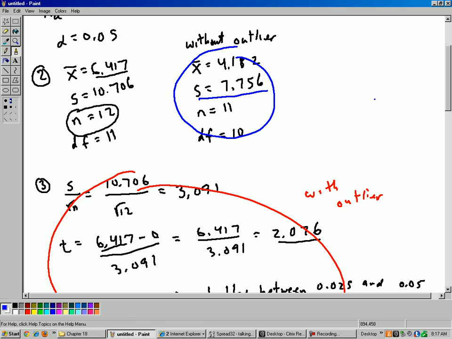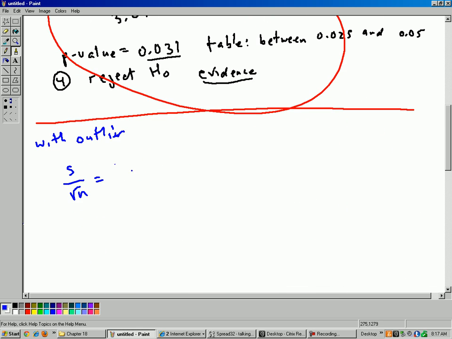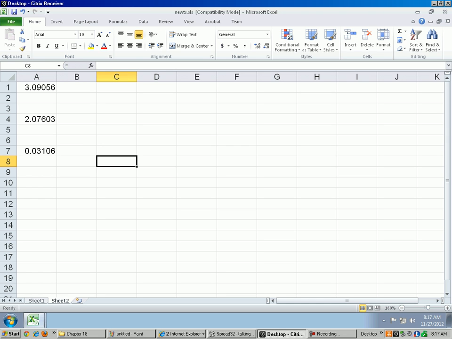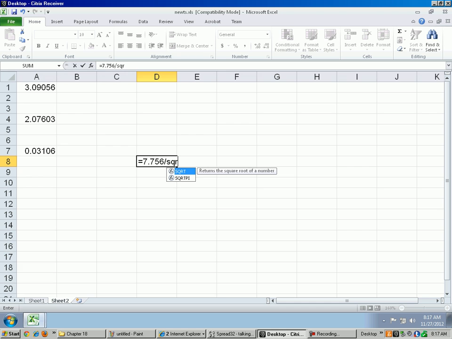S is 7.756, divided by square root of n, which is now 11. Let's just use Excel here for that: equal sign 7.756 divided by square root of 11. I'm just using Excel like a fancy calculator there. 2.339.